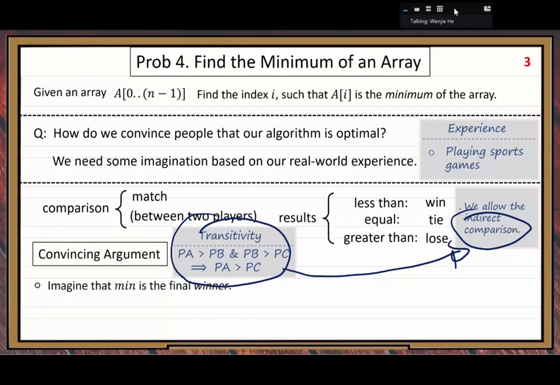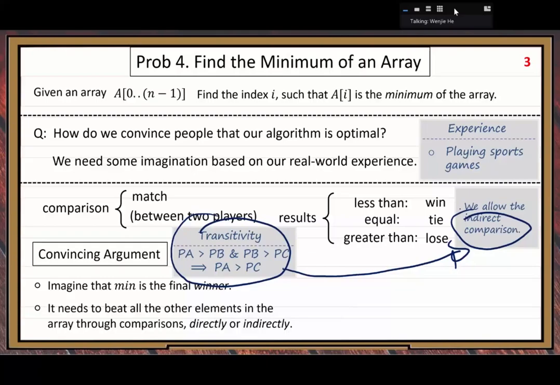The first step, imagine that min is the final winner. That's the setup. Final winner, our goal, we want to find the final winner, for this min variable.